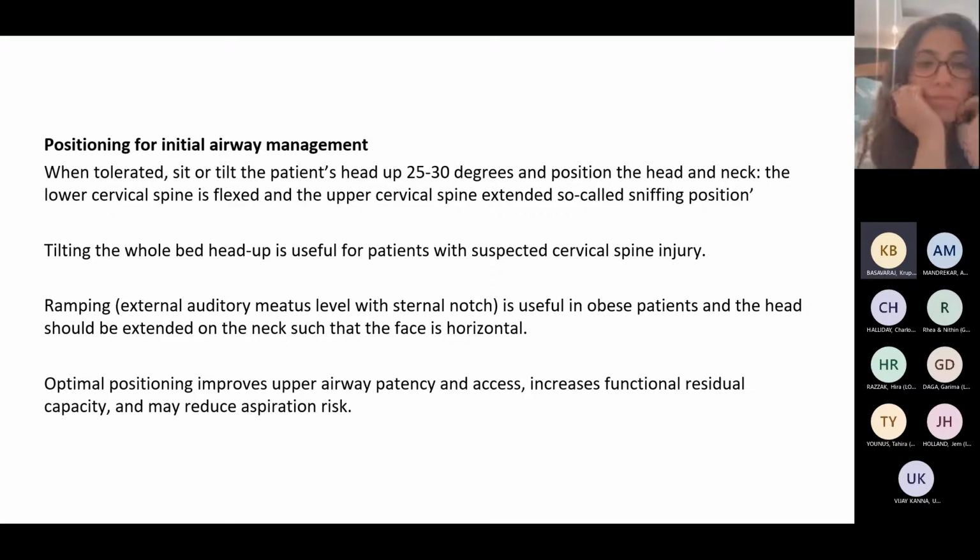By FRC, I mean the reserve lung volume, the functional reserve volume. You can increase oxygen content from just your tidal volume to up to 2 liters because of this, by denitrogenation of the functional residual capacity. And ensure that the bed mattress is as firm as possible to optimize the cricoid force, head extension, and access to the cricothyroid membrane.